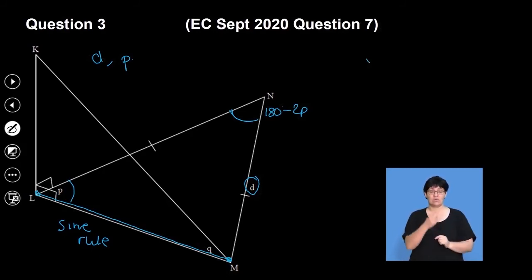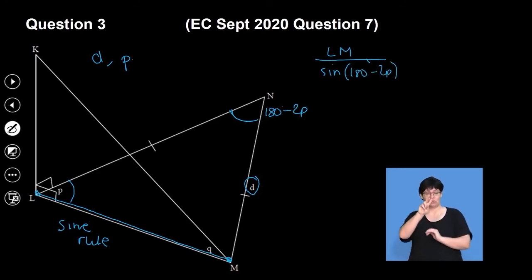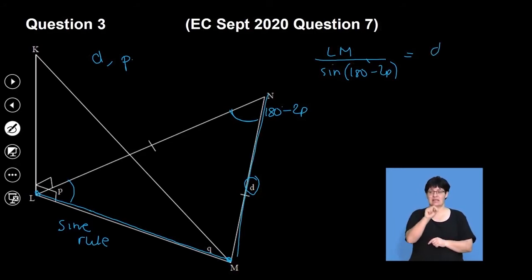So I'm going to say that LM over sine of the angle opposite it, which is 180 minus 2p, is equal to side d over the sine of angle p. All right, so sine of 180 minus any angle is always just the same as sine of that angle. So I can reduce that to just sine of 2p.